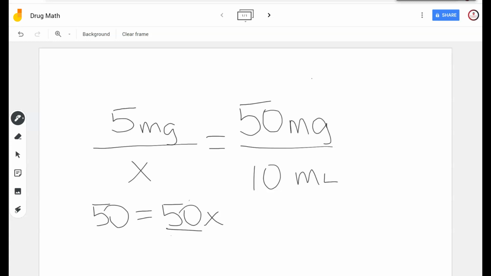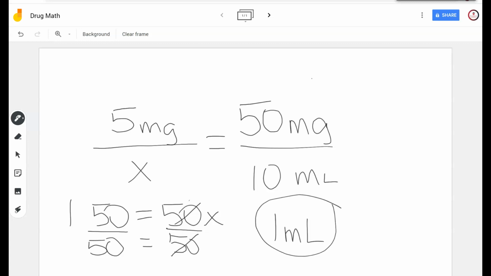So if you divide by 50, right? So x becomes itself, and this becomes 1. Does that make sense? So that means that you're going to be giving this patient 1 milliliter of medication.